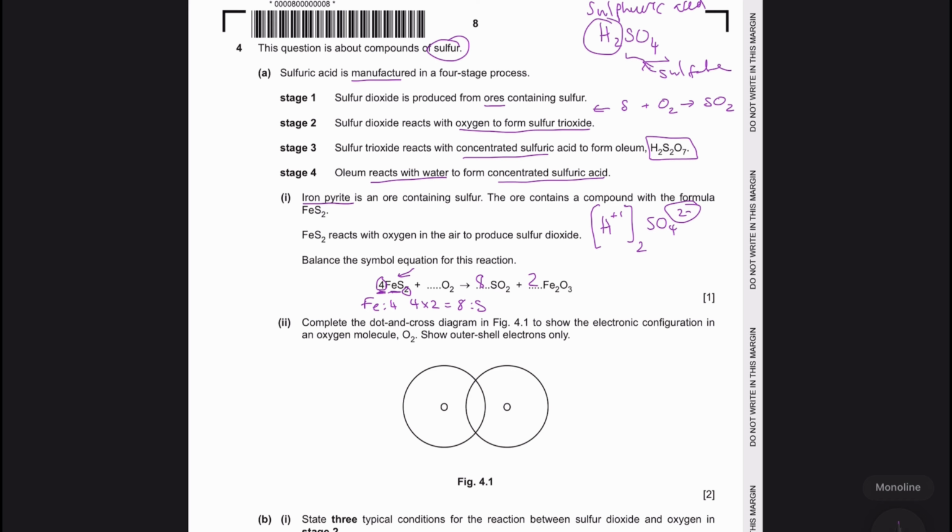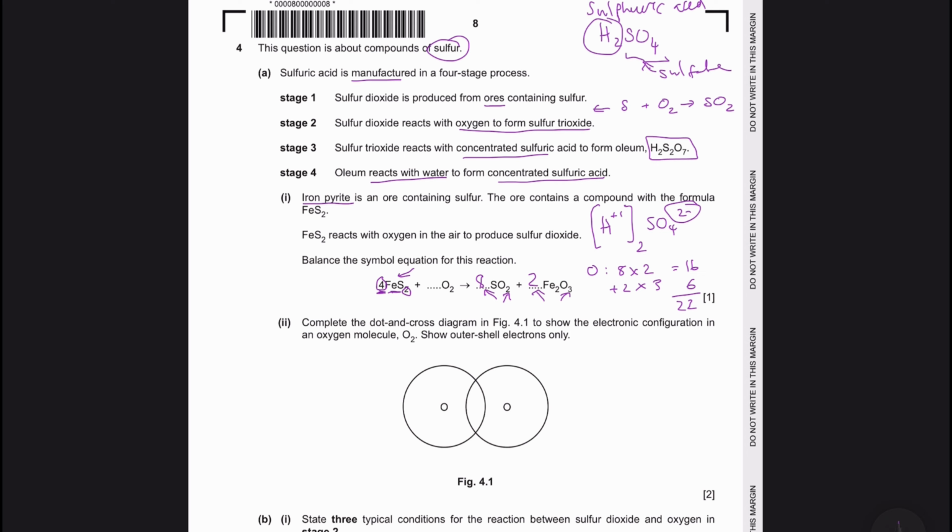So we've got that. Now we've just got to work out how many oxygens are on the right hand side. So we've got 8 times 2 plus 2 times 3. 8 times 2 is 16. 2 times 3 is 6. Just got to add those 2 together. If you are ever unsure about your answer and you struggle with mental math, whack it in the calculator. So this is going to give us 22 oxygens, which means we need to have 22 oxygens on the left hand side as well.